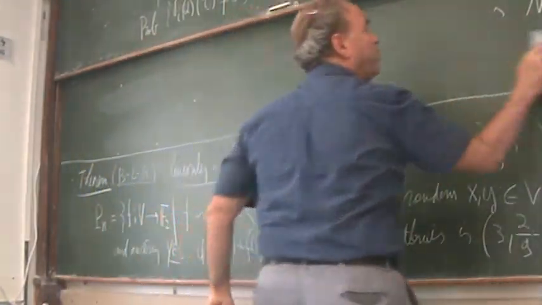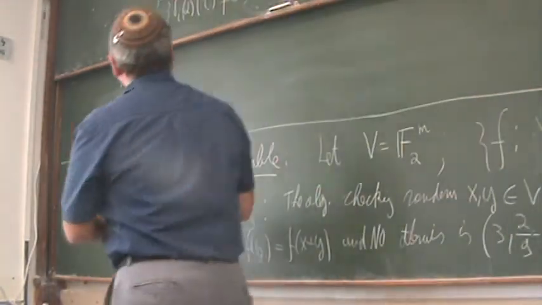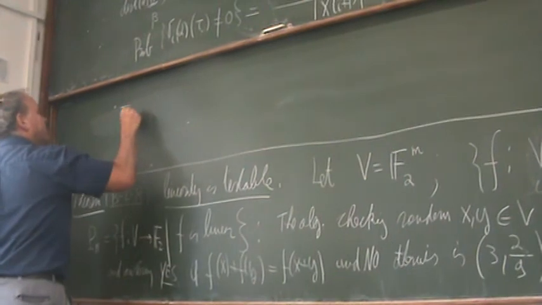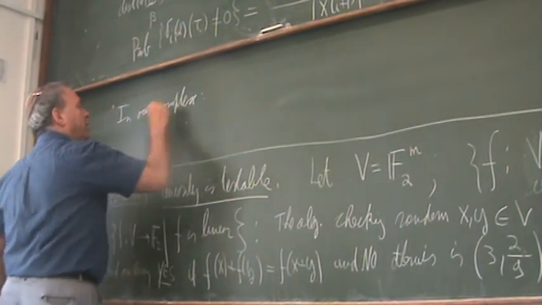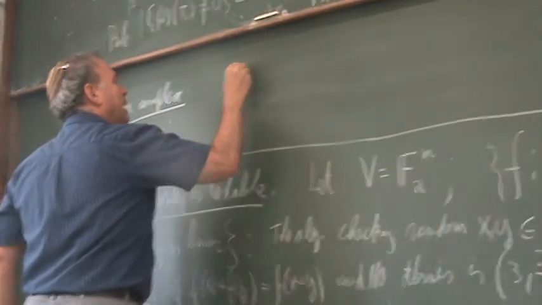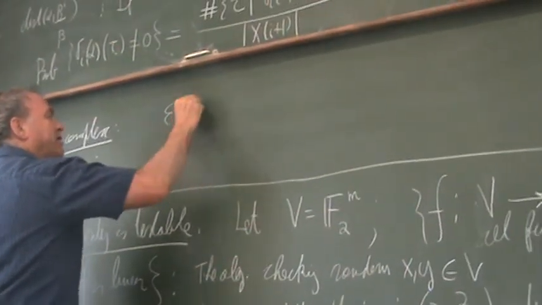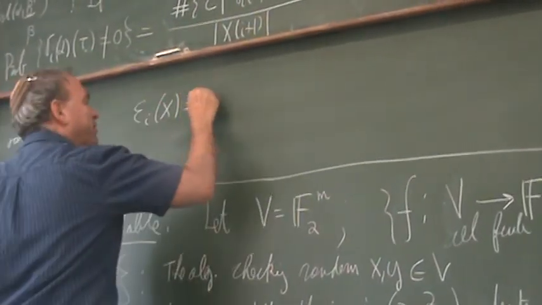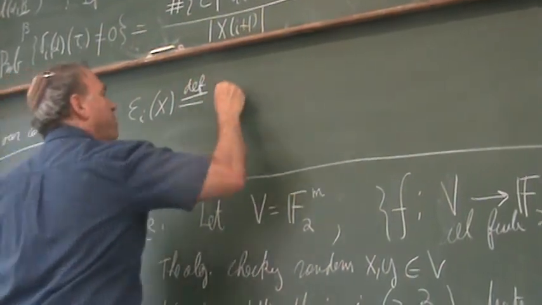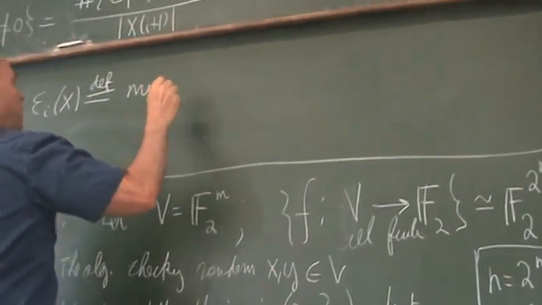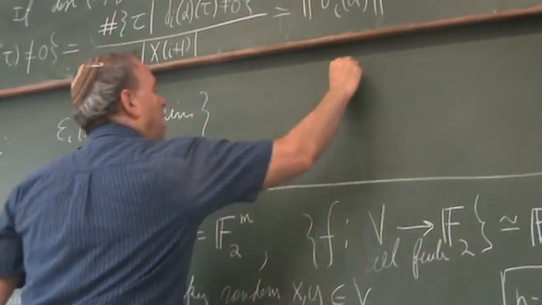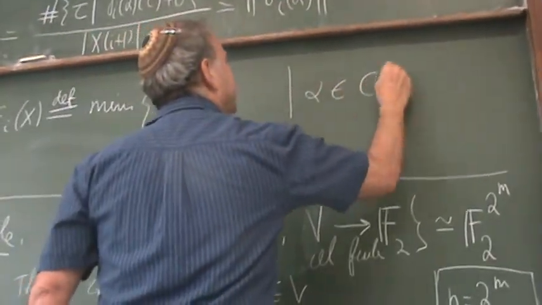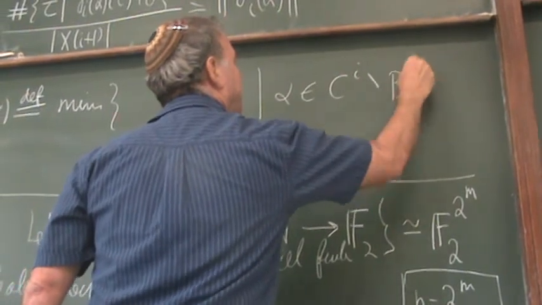Now, what we know in our complex, epsilon I of X is by definition the minimum over all alpha in Ci minus Bi, right?